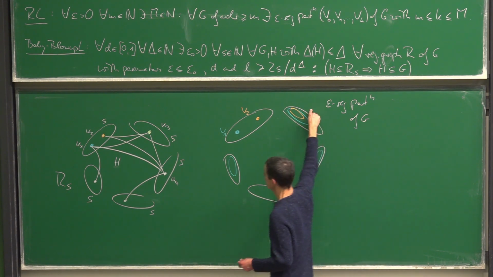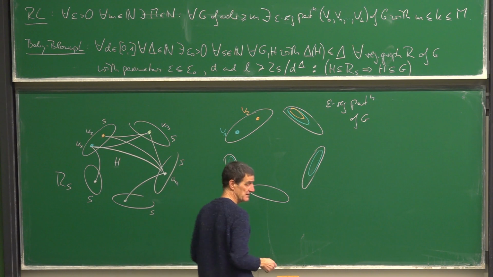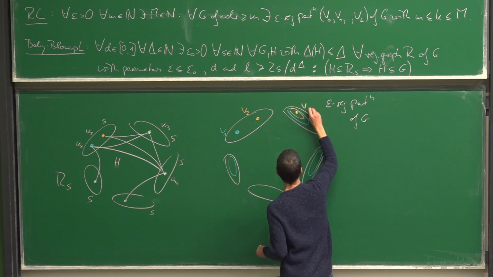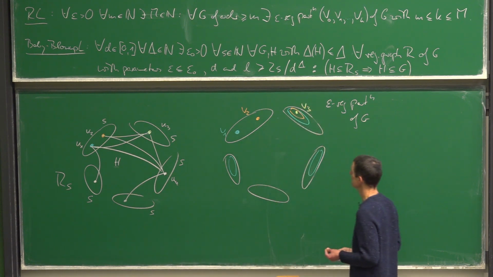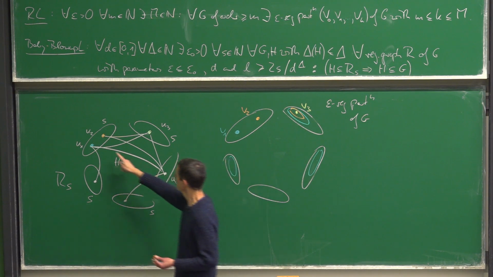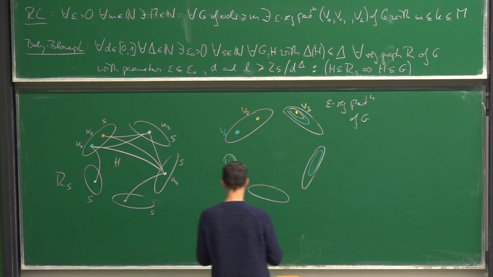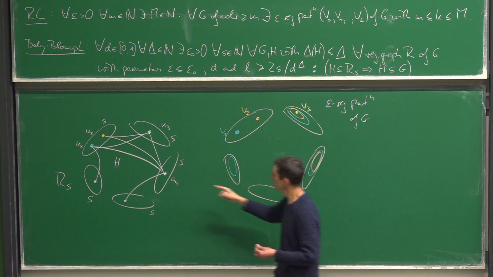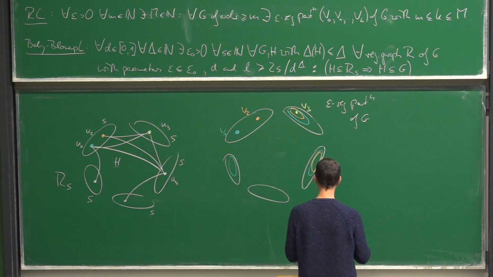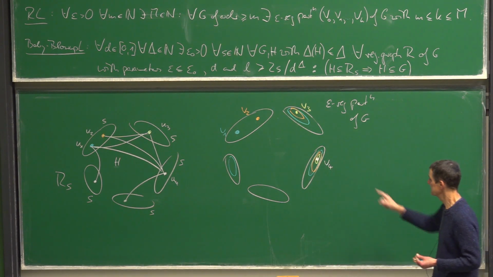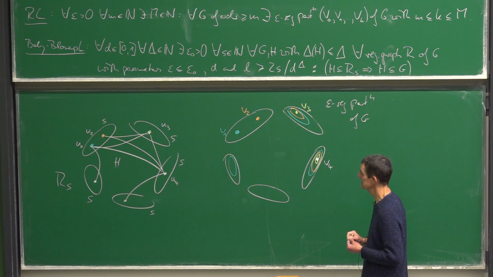So U3 is a common neighbor, and therefore we have to map U3 to a vertex that is adjacent to both V1 and V2, and so that will sit in this smaller target set. U4 is also adjacent to U1 and U2, so U4 also has to be mapped into such a smaller set, but U4 is in fact also adjacent to U3, so the target set gets even smaller. And eventually V4 will sit inside this smaller target set, and so on.